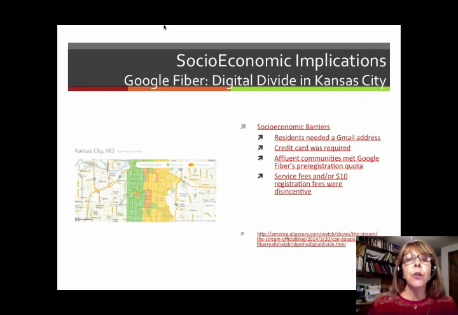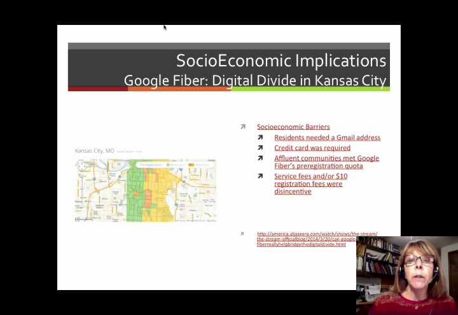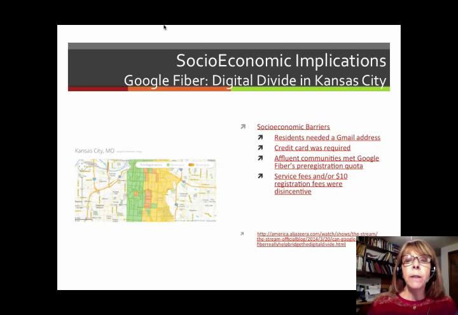The digital divide is still prevalent in just about every community in the United States, and we know it's prevalent throughout the world. So this is one case study of socioeconomic implications for connectivity.